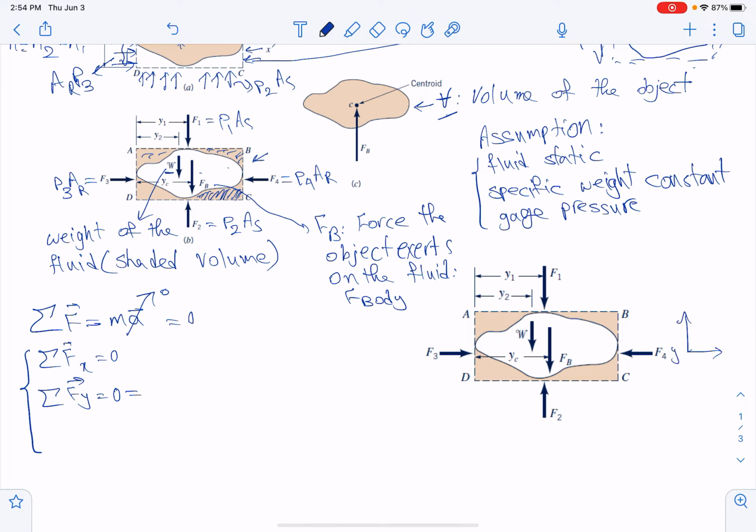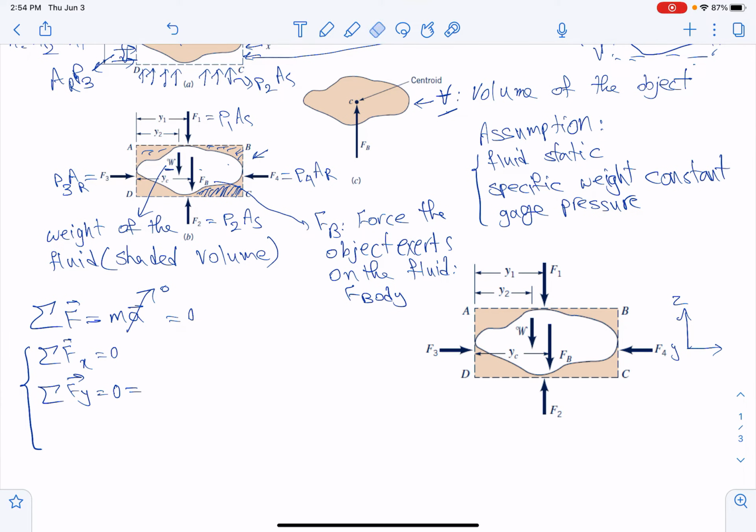Okay, this is y and this is z. Oh, I'm sorry, I don't know why I mixed them. Sorry about that. So this is z direction and this is y direction.